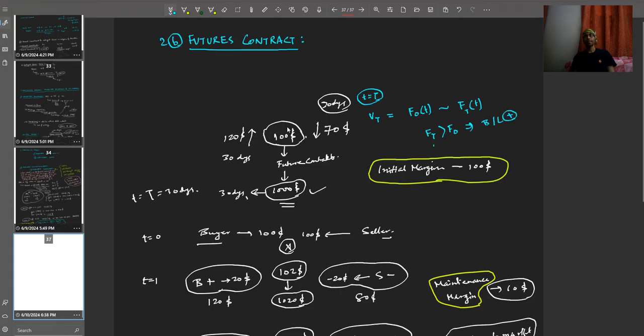If the reverse happens, that is F0 is greater than F_T, this implies that the seller or the short gains.